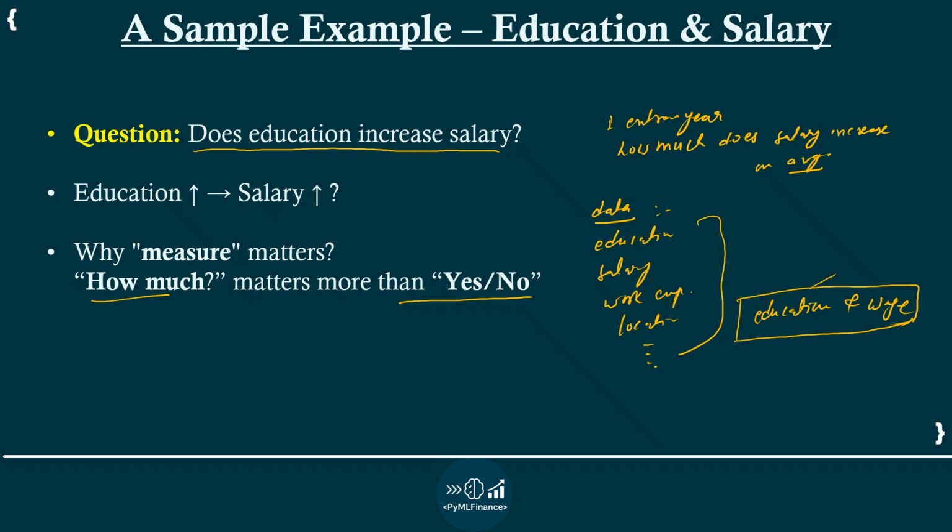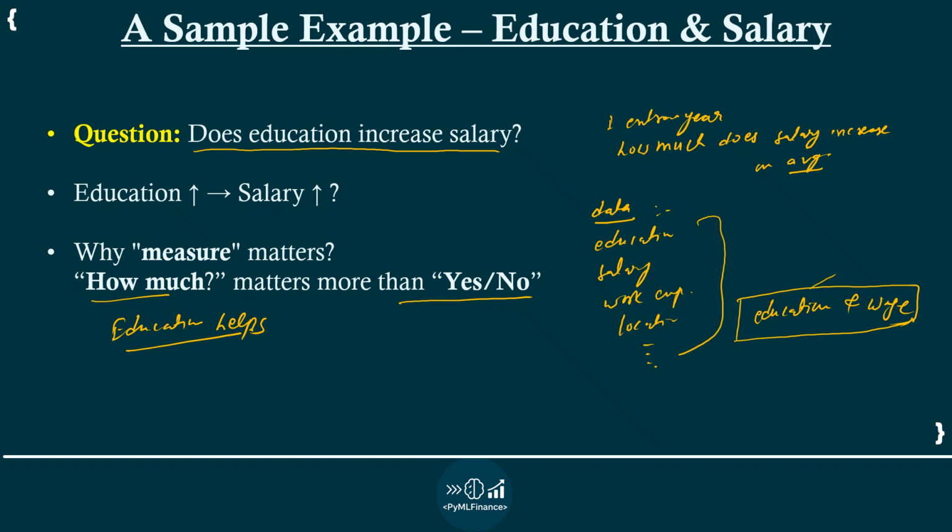Now this is a very important point. Most people talk in opinions. Many people will simply say, education helps. But decision making needs numbers. If you want to make any kind of decision, you need a number, and on the basis of that number you are going to take the decision. So econometrics converts vague statements into something measurable.